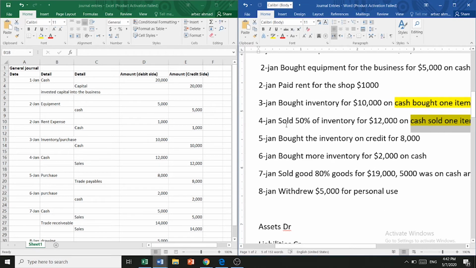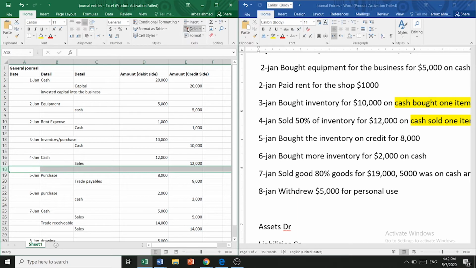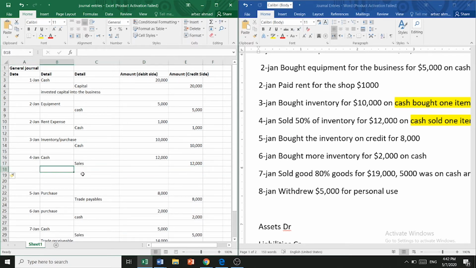If we are selling 50% of inventory we have to make another transaction below this. So I have to make two columns here, which will be purchase, or it can be inventory. Inventory will be credit and the other account will be cost of goods sold.